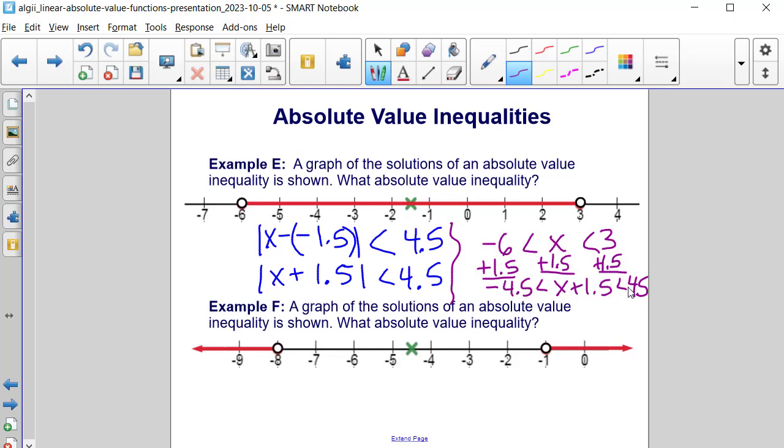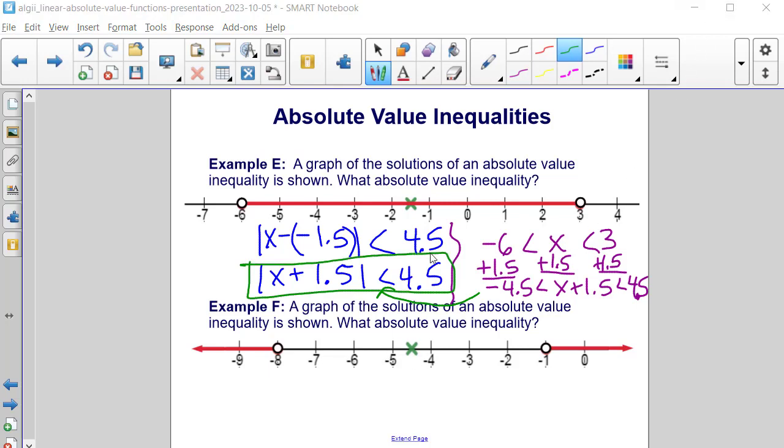Because both of these endpoints are identical, we can then write it as an absolute value. So it's the absolute value of x plus 1.5 is less than 4.5.